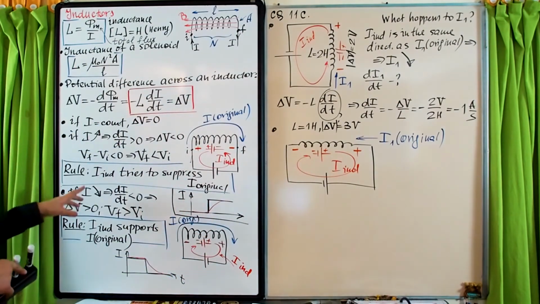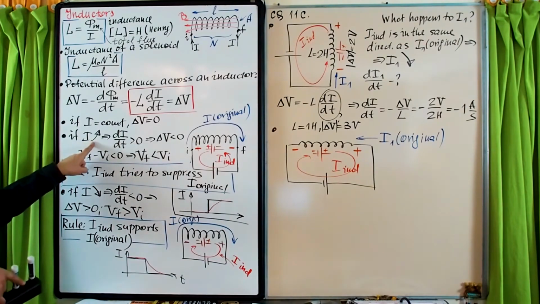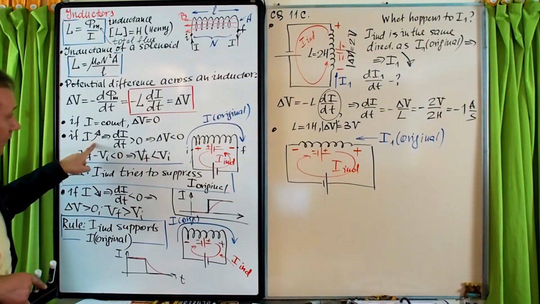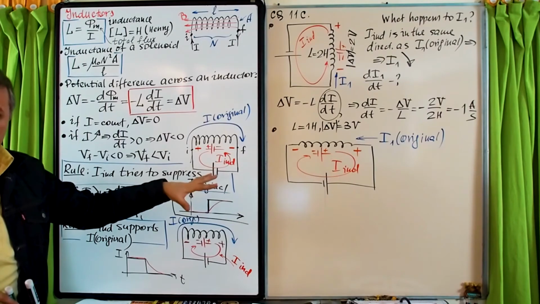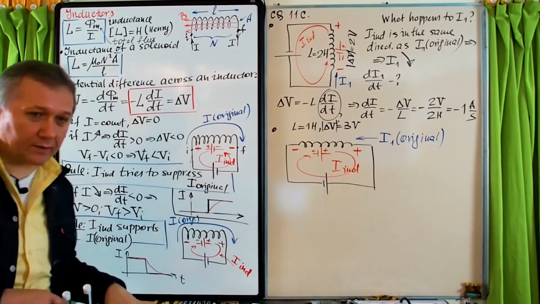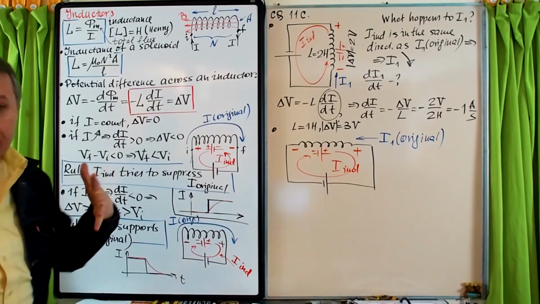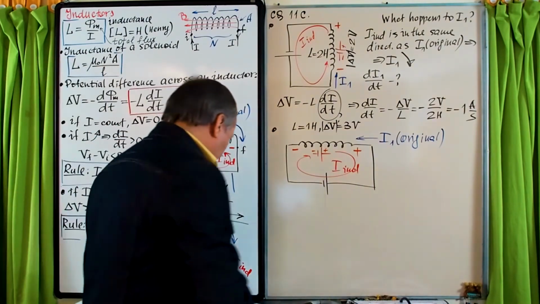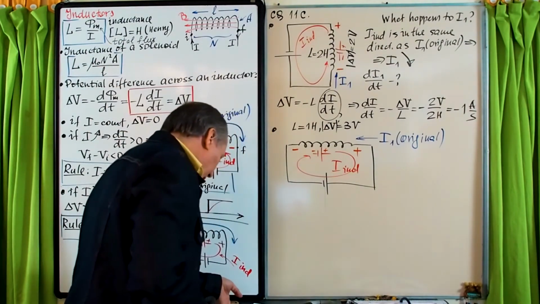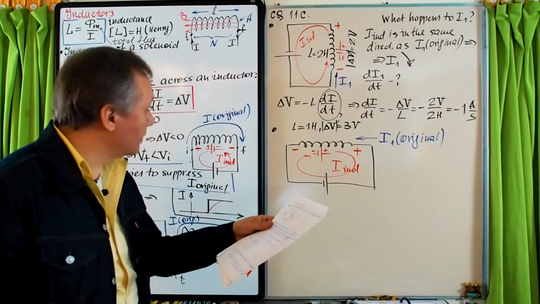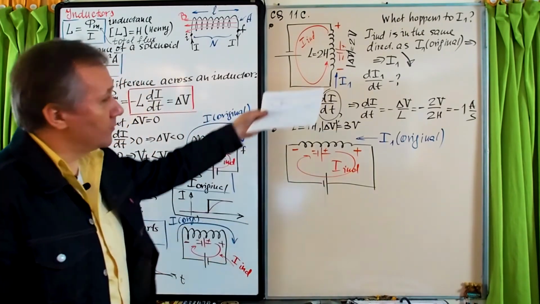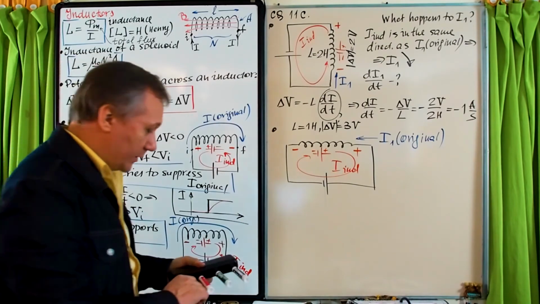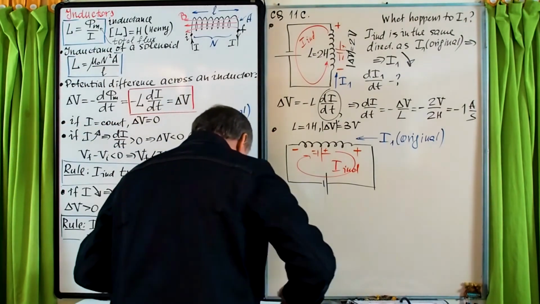Opposite direction happens when original current is increasing. Current increasing, the solenoid doesn't like it and it will try to suppress it, driving the induced current in the opposite direction. So in this case, di over dt, current increases. In the first case it was decreasing, now it increases. So now let me write that down.